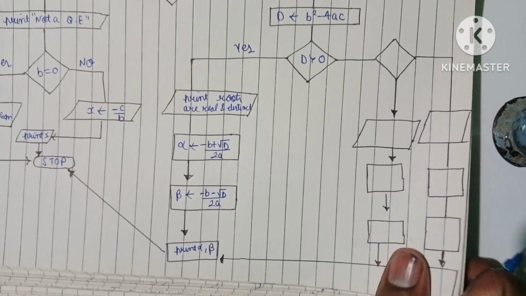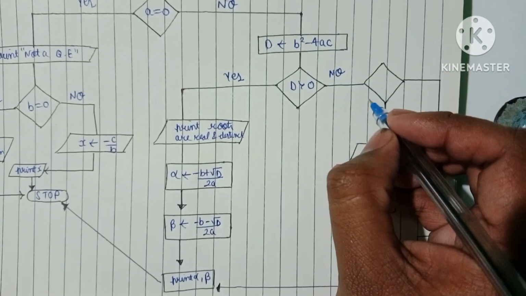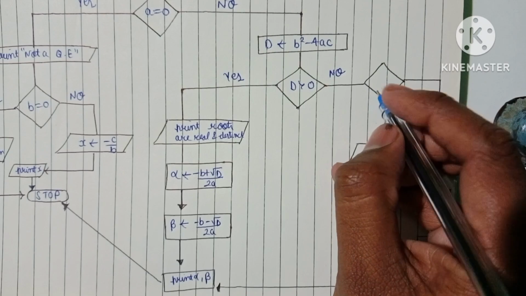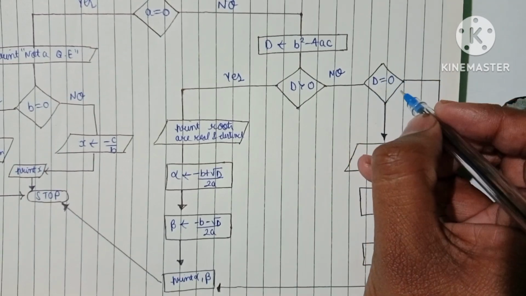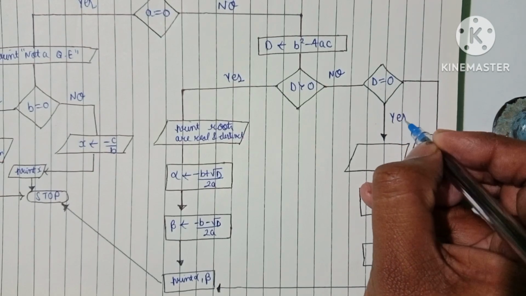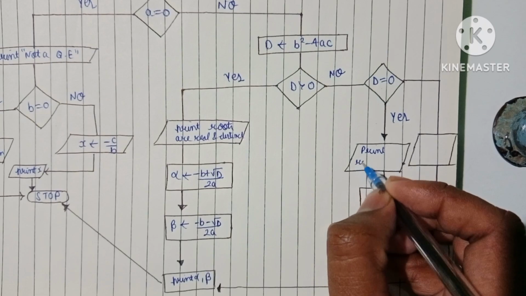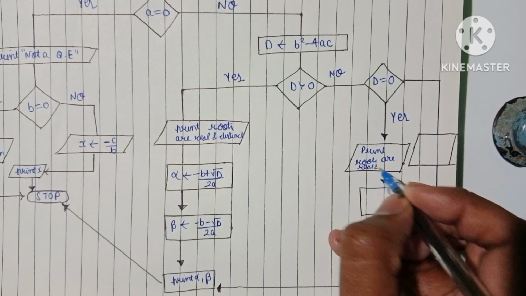Then we will check d is greater than 0. If d is not greater than 0, then we check d is equal to 0. If d is equal to 0 is yes, then we will print our roots are real and equal.